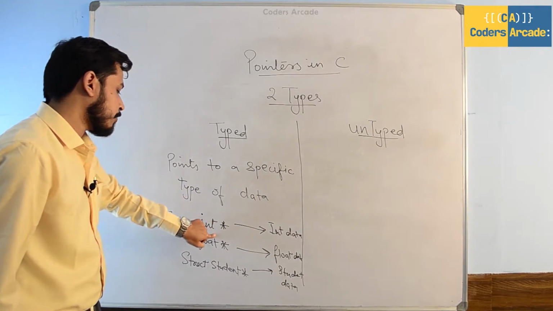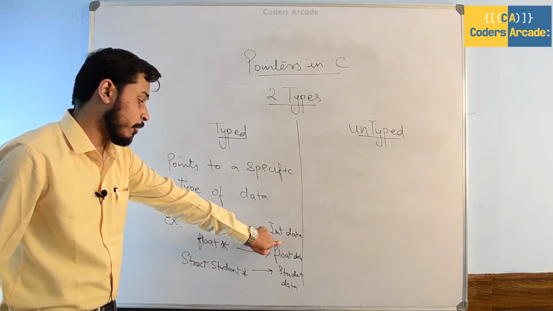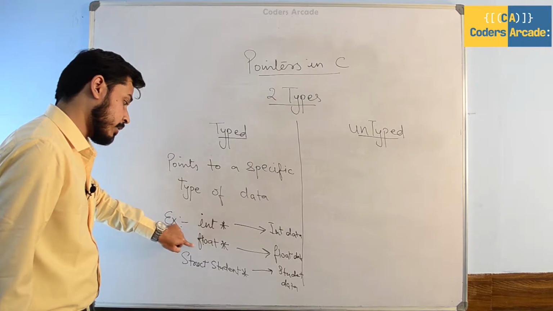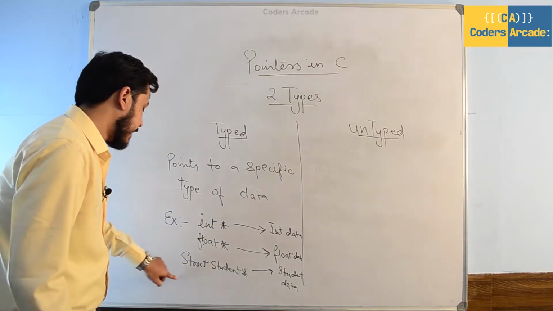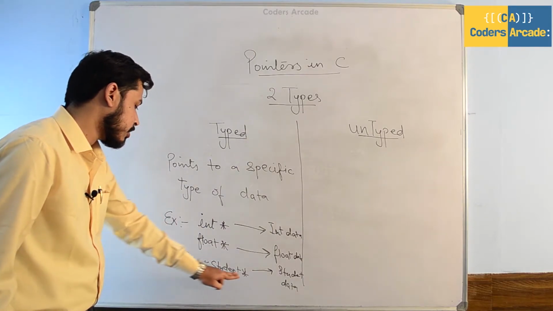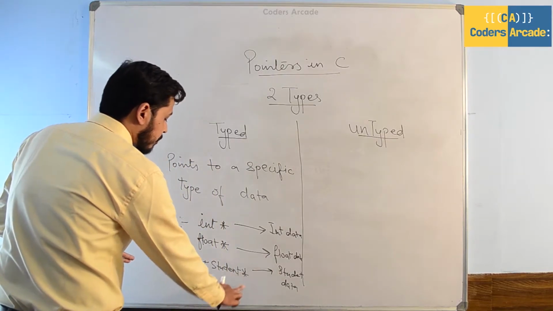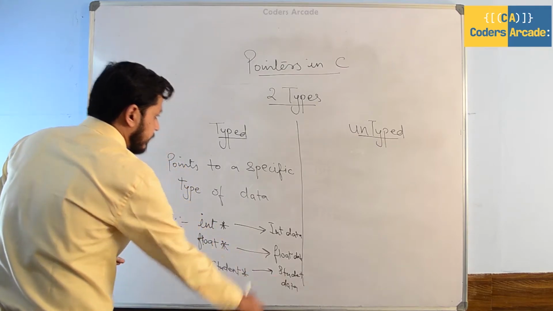If it is an int pointer, it is only going to point towards int data, or if it is a float pointer, then it is only going to point towards float type of data. And if it is a structure pointer, there is a structure pointer also, struct student pointer, it is only going to point towards the student data in this case.